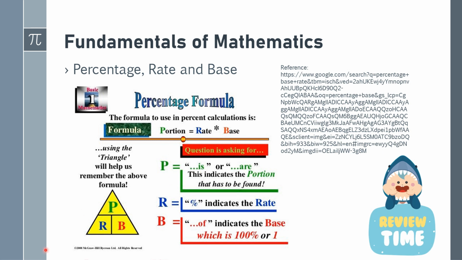So, dapat alam mo lang kung ano yung percentage, alin yung base, at saka ano yung rate. Okay? So, with that, we will now start the review questions, particularly for those 4 topics under fundamentals of mathematics.